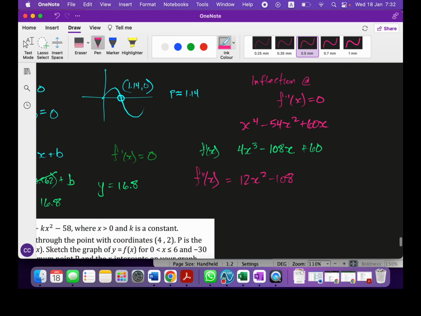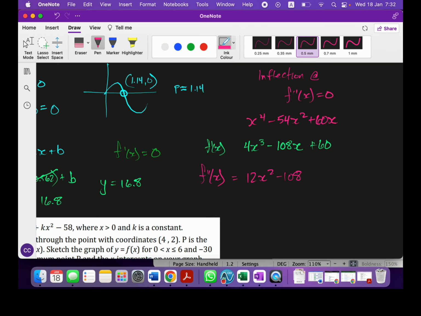Whew, good times. All right, so now I just have to figure out when that expression equals 0. So if 12x squared minus 108 is 0, so 12x squared equals 108. X squared is 108 divided by 12.